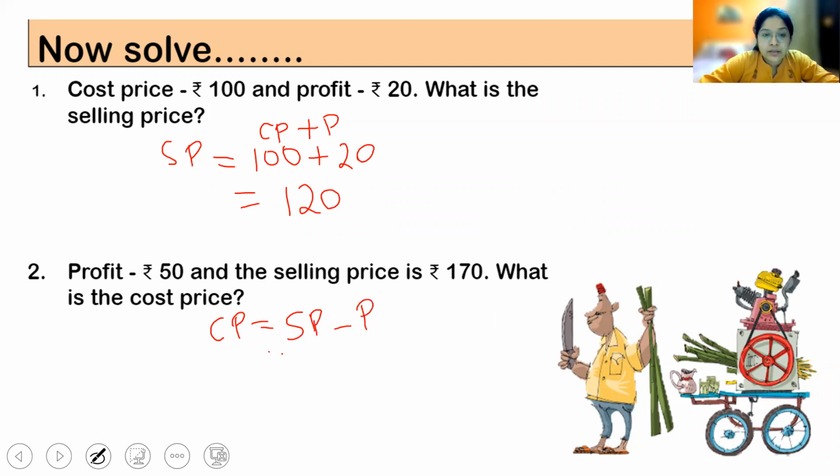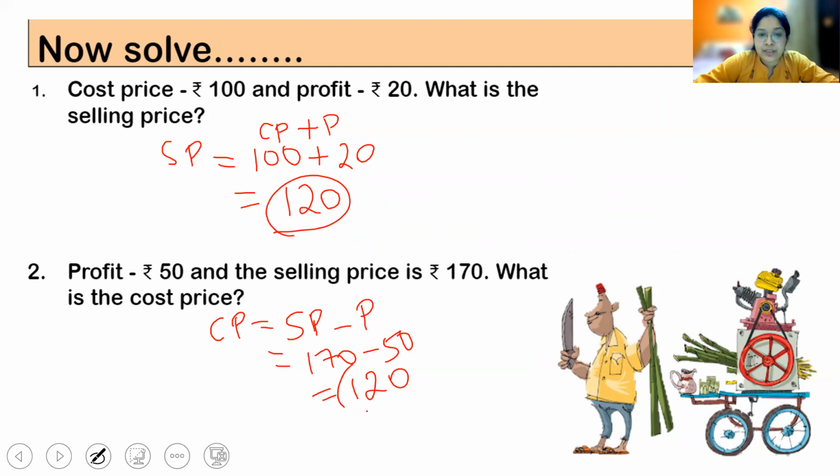Okay, so what is the selling price here? 170 minus 50, which is equal to 120. So in this scenario, what has happened? His selling price is also 120. His cost price is also 120. Yes.